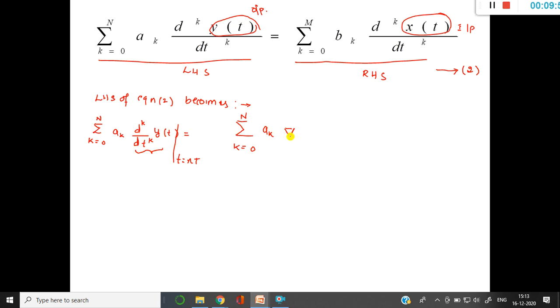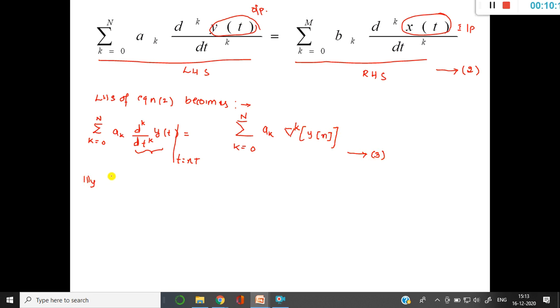If it is a single order, we represent this as y of n, but it is kth order, so this is the kth equation. This is how we represent it. Let me take it as equation number 3.